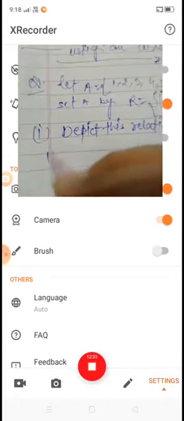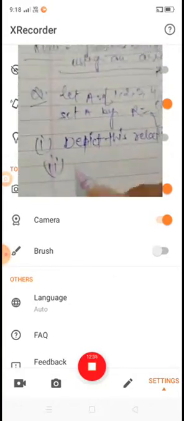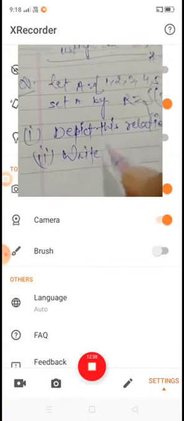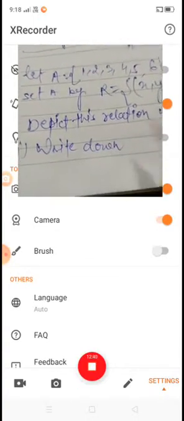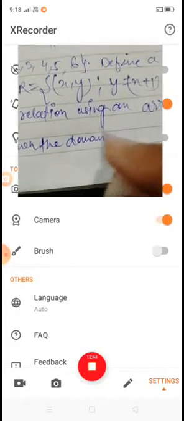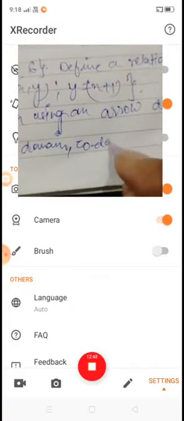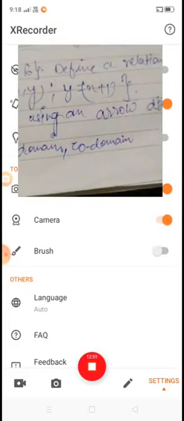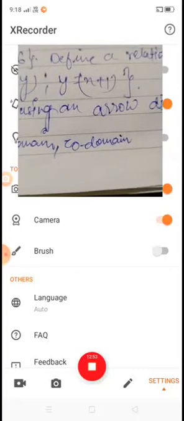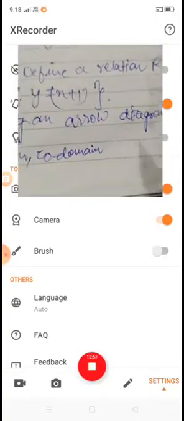Second one, write down the domain, codomain and range of R.